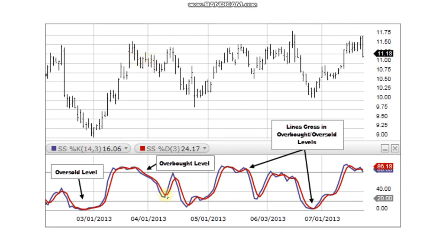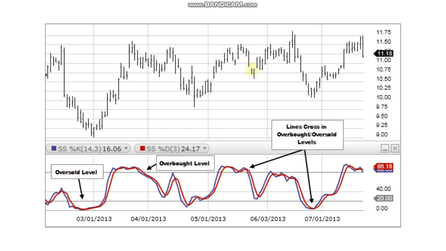Again, when it started going up, market went up, and when market started going down, stochastic indicator gave a clear signal that yes, market is about to go down. Again, when market started climbing upward, stochastic indicator also started going up.